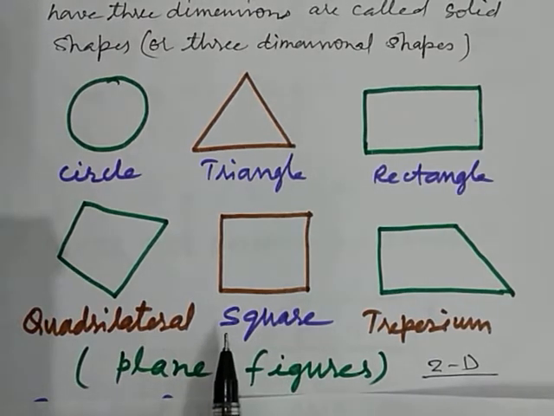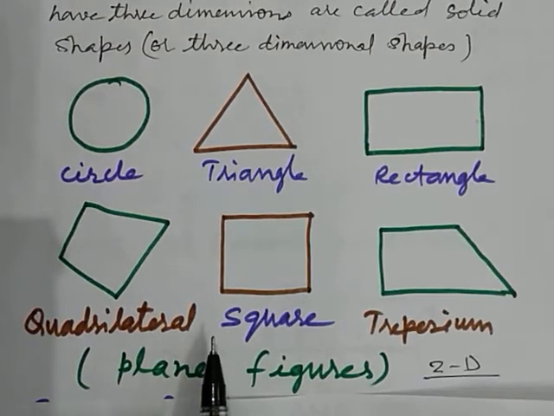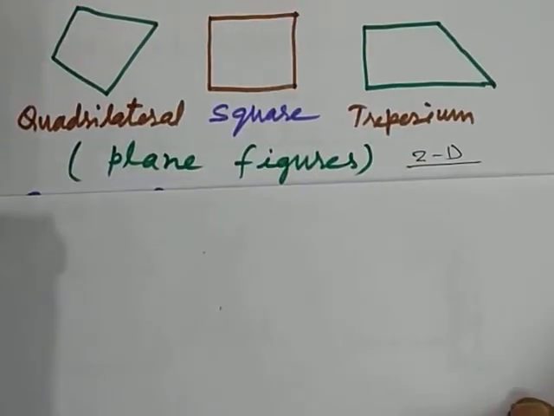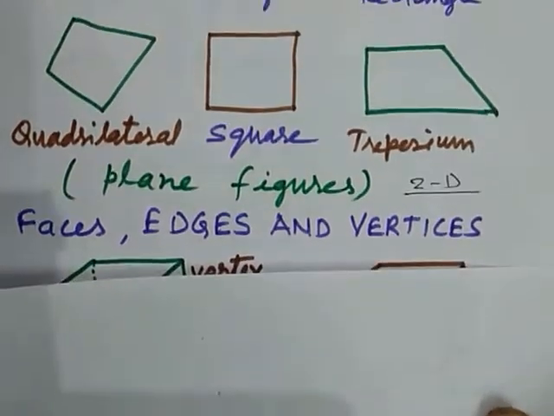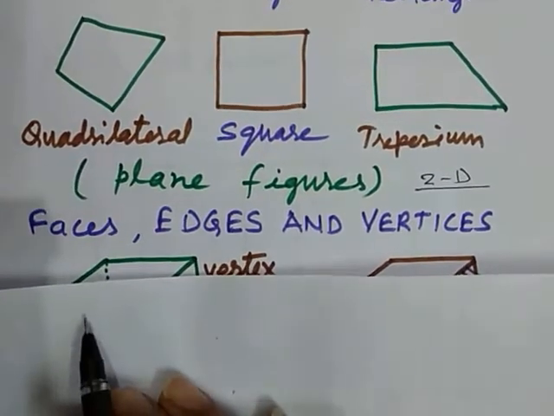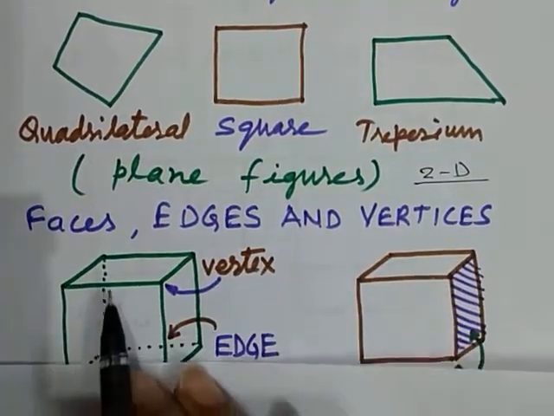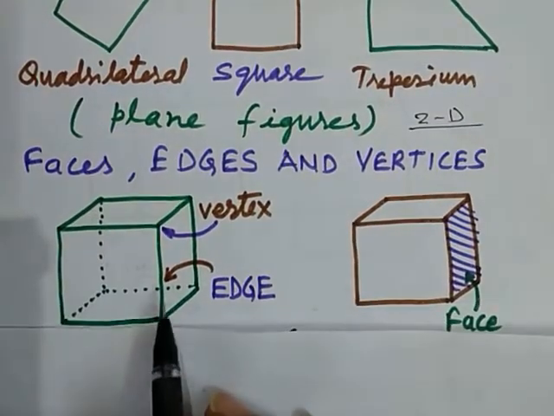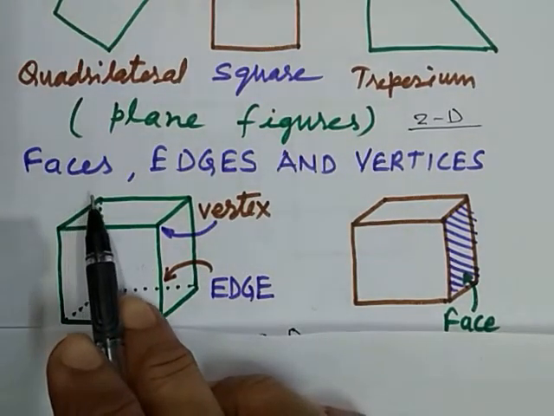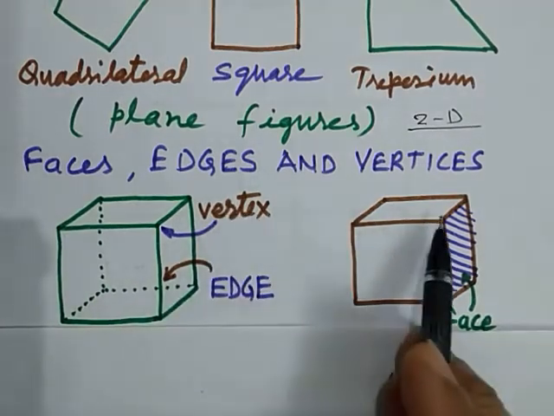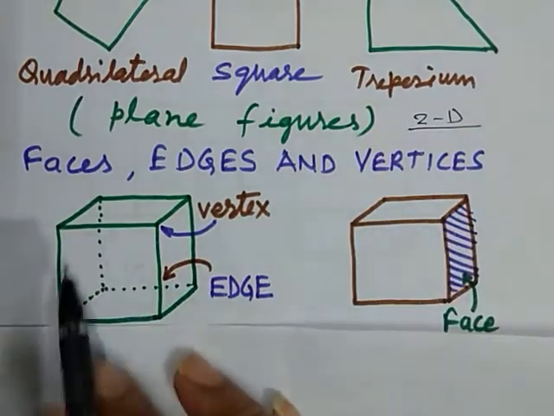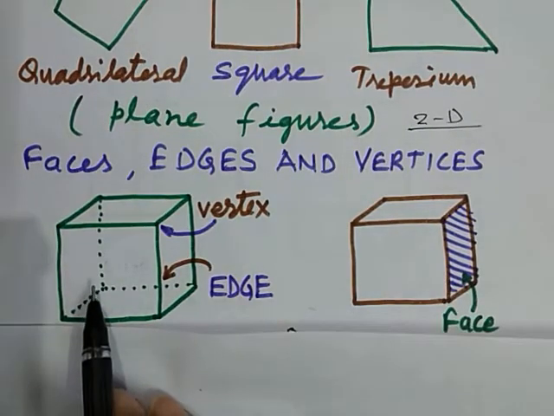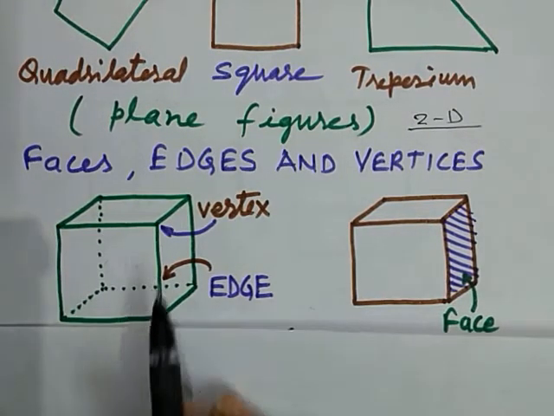Now we learn about 3-dimensional figures, how they look and how we study them. In 3-dimensional figures, they have faces, edges and vertices. Okay, this type of figure is a solid shape. This is a cube.